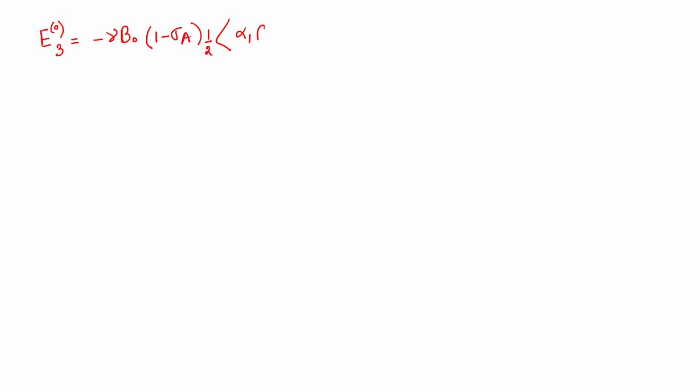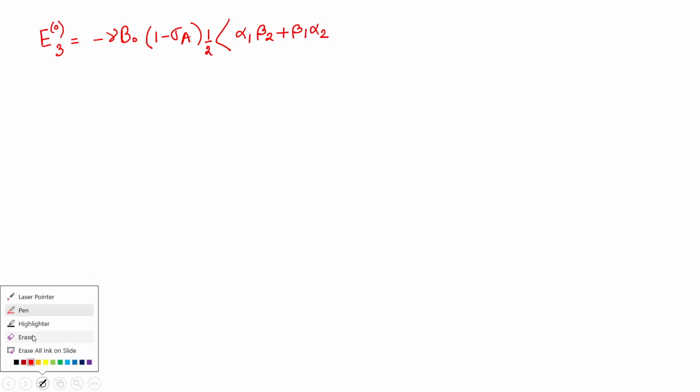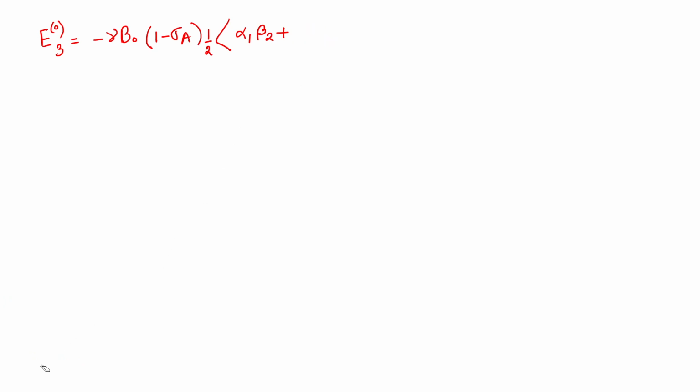First we'll have alpha 1 beta 2 plus alpha 2 beta 1, better to write in the same manner. Then I have Iz1 operating on this.